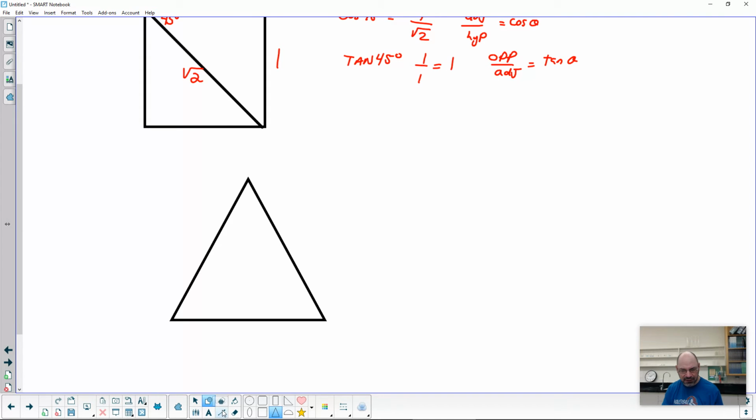And if I cut this equilateral triangle directly down and bisect the base of it, so that's directly like that, and we take a look at half of it, so that we know that there's 90. So this is 60 degrees and this is 30 degrees.